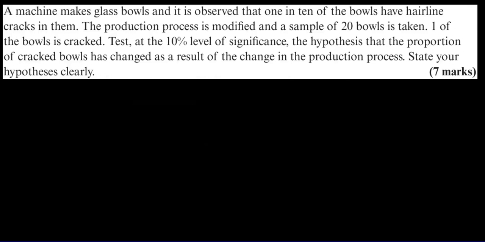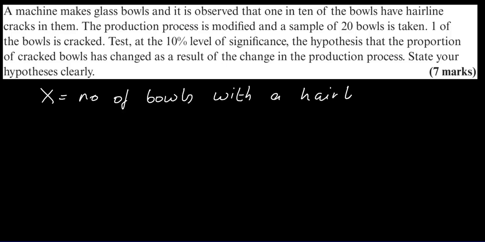State your hypotheses clearly. So in this case, we're going to define what we're measuring. X equals number of bowls with a hairline crack. Now, the number of bowls with a hairline crack has a binomial distribution because we've taken a sample of 20. We don't yet know what p is, so we're just going to leave it at p.